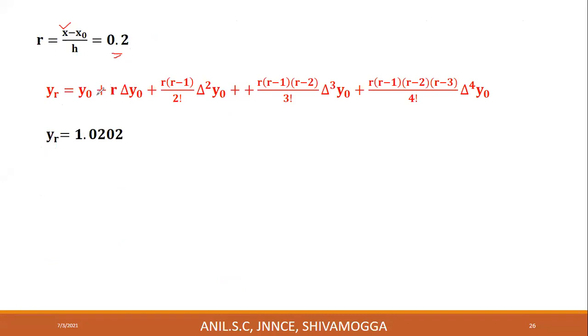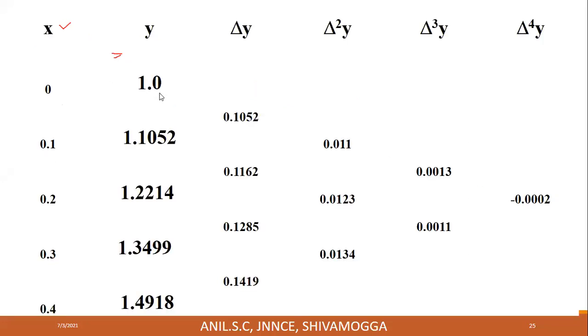What is y naught? Y naught is 1. This is del y naught. This is forward interpolation. Therefore, we consider these values. Y naught is 1. Del y naught is 0.1052.